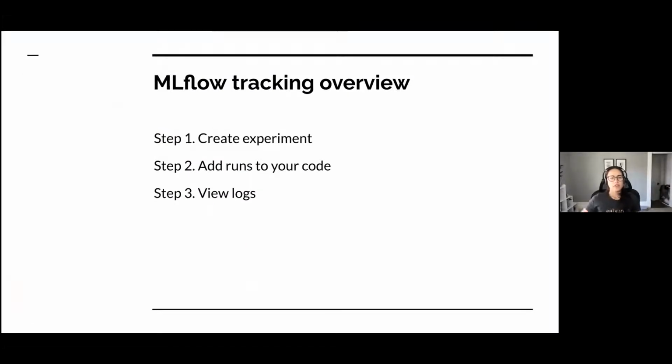So the workflow of MLflow's tracking is really that you create an experiment, you add a run or runs to your code associated with a specific model. And then you add the logs. Add logs for model metrics, model parameters, all of those things that I just talked about.